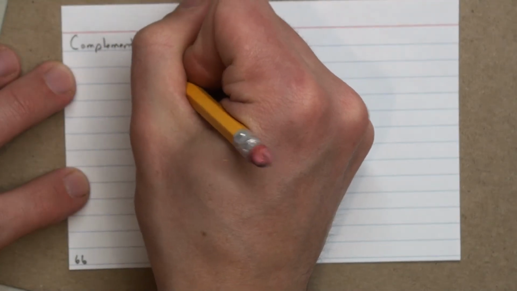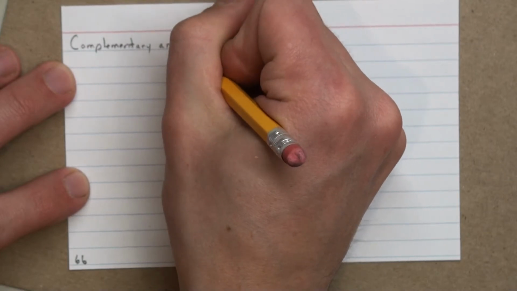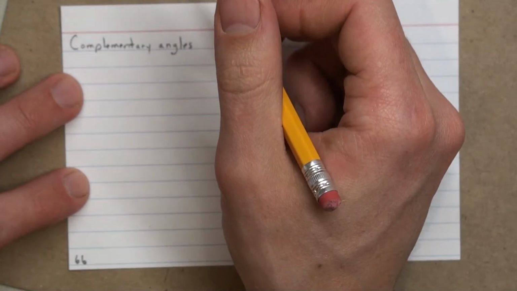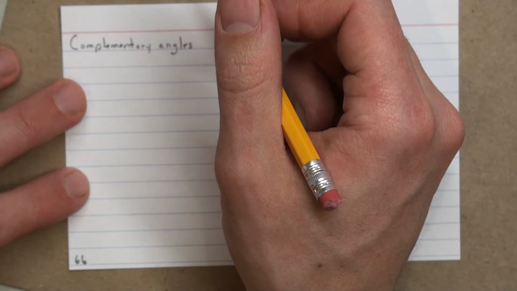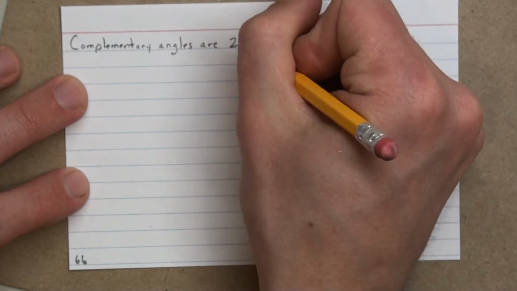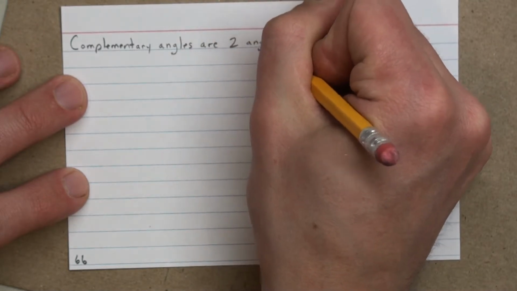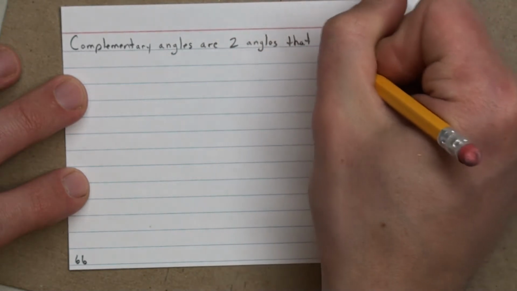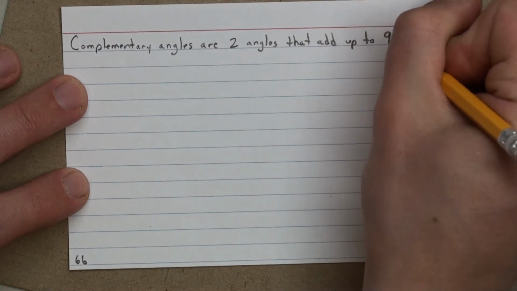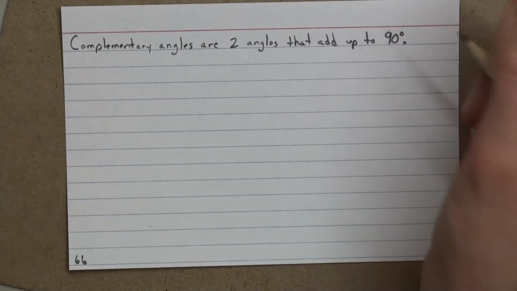Complementary angles are two angles that add up to 90 degrees.